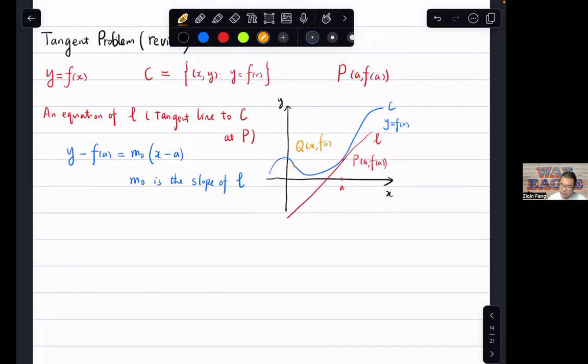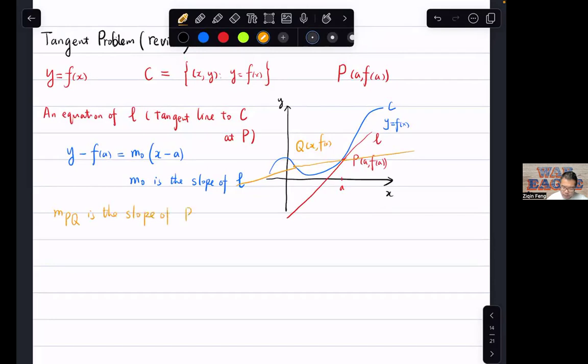You connect PQ, you get a secant line. As Q gets closer and closer to P, the secant line gets closer and closer to our tangent line.